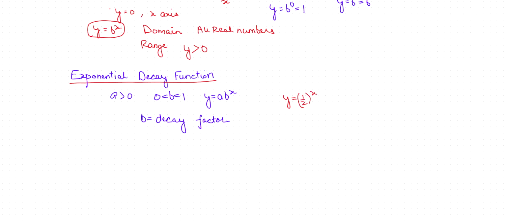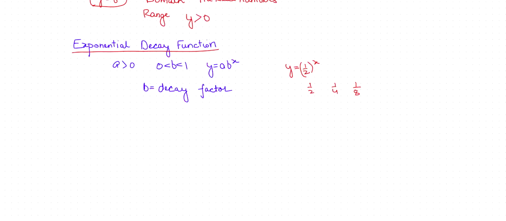When x is 2, it will become 1/4. Then it will become 1/8 when x is 3. So we see that y gets smaller and smaller. If we graph it, our function will be like this.